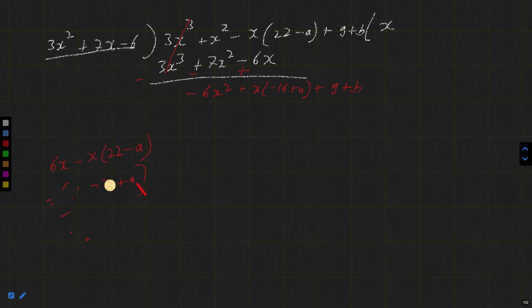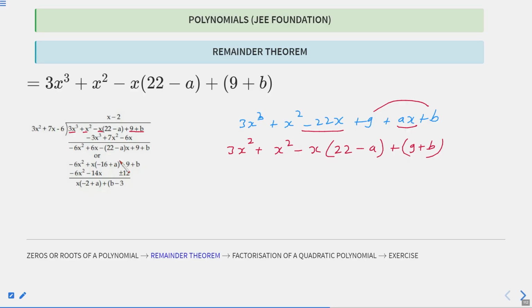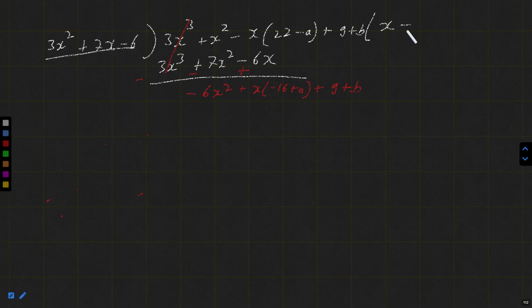Okay, now what we will do next, I hope at this point you are clear. Now just multiply with minus 2.